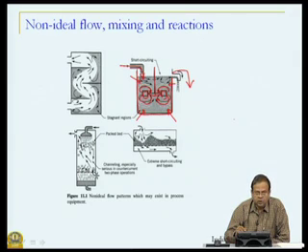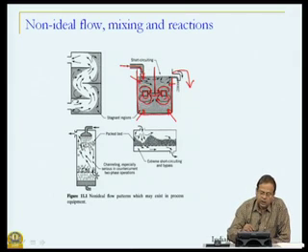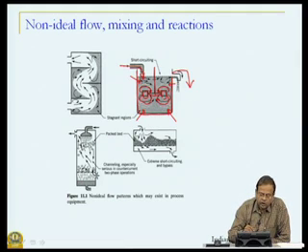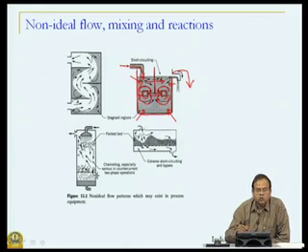For example, it is likely that when some fluid comes inside the reactor, some of this fluid, instead of entering into the main reactor, actually just simply goes out of the reactor by bypassing almost entirely the reactor.